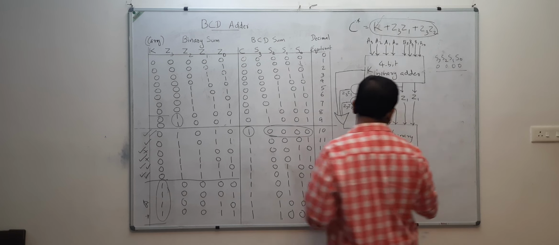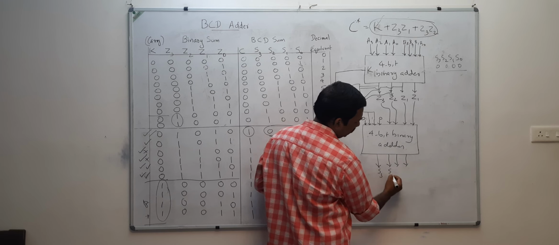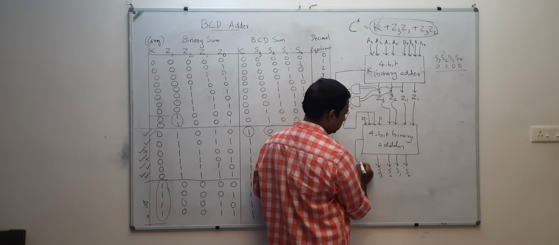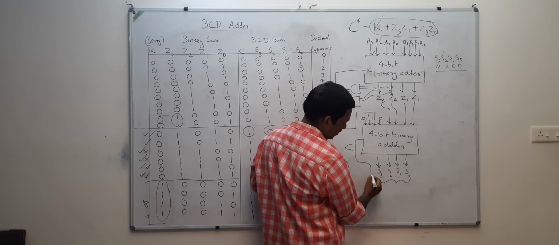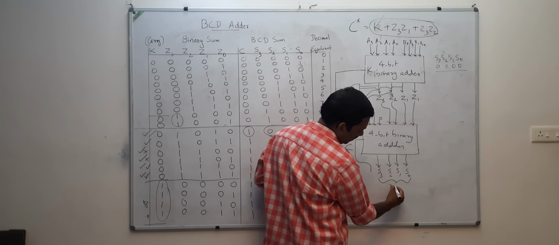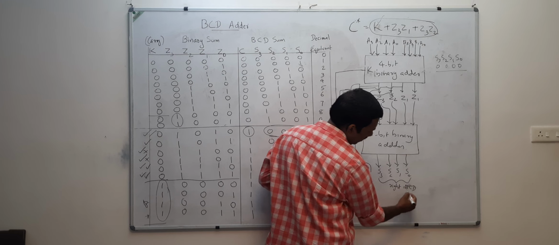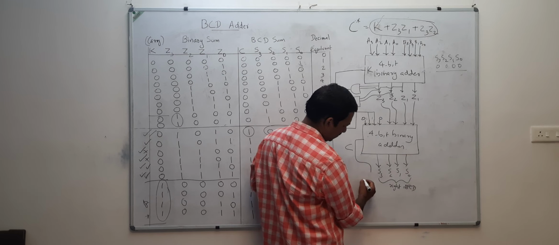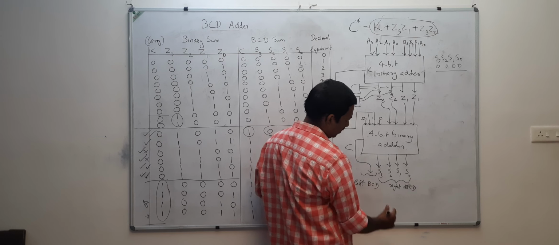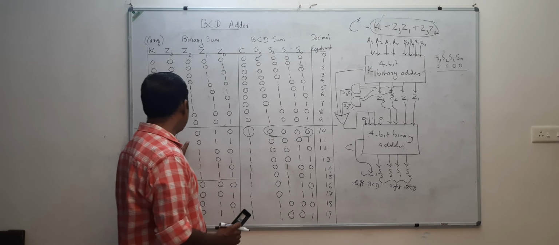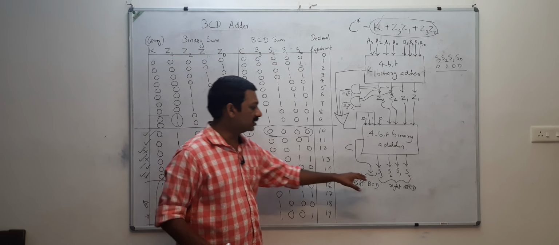That means here this is the result: S3, S2, S1, S0, and this is the carry, and this is the right BCD, and right BCD and left BCD means if you have converted this to this, then this will be 1 and this is 0.